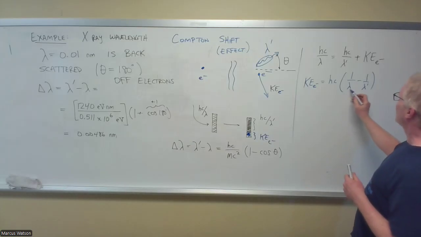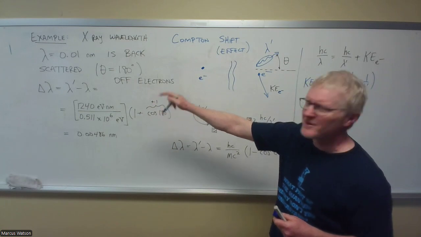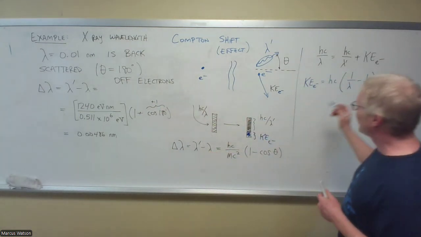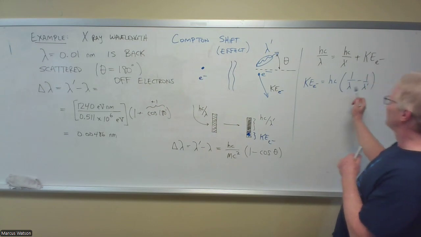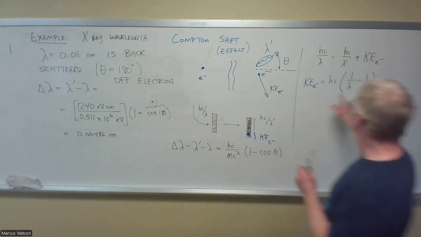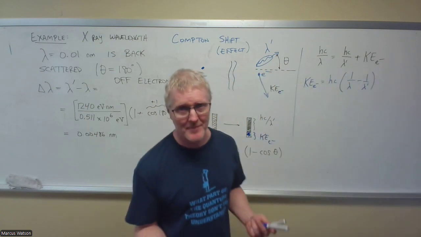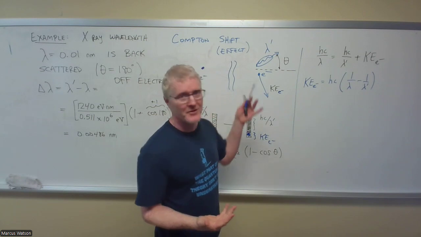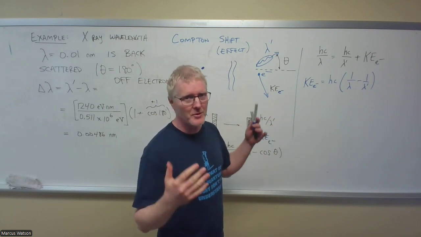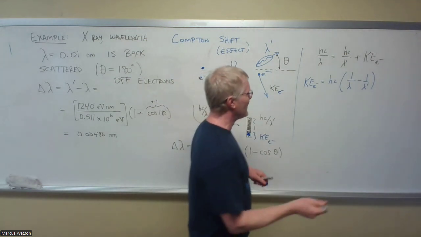And gosh, lambda minus lambda prime here, isn't that basically kind of what delta lambda is? It's like negative delta lambda. It's very tempting to write something to do with delta lambda here because you've got what looks like a lambda minus a lambda prime here. But remember, it's not a lambda minus a lambda prime. It's the reciprocals of those things. And so you have to use all the fraction stuff to go in if you're going to do that.